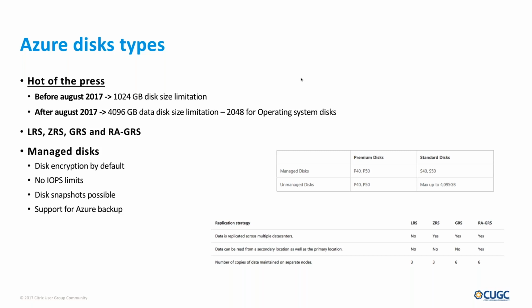So that's another, more reliable option to secure your data if the Azure data center is lost because of a natural disaster or something like that. And RA-GRS stands for read-access, and that's just the same as the GRS option.